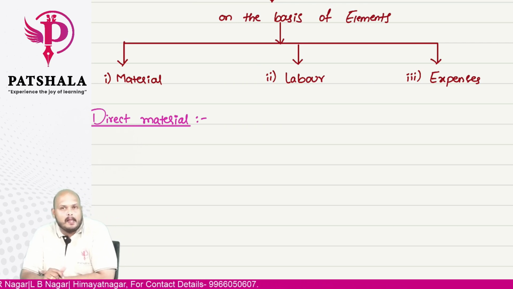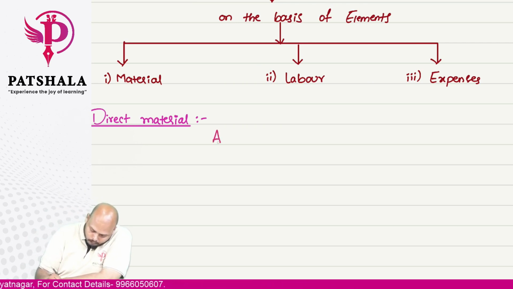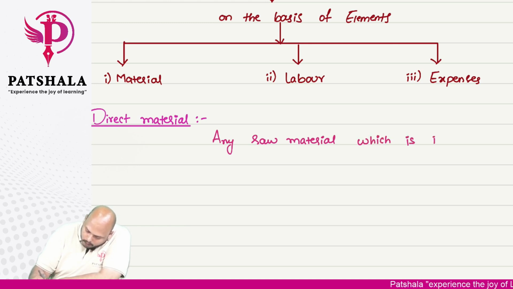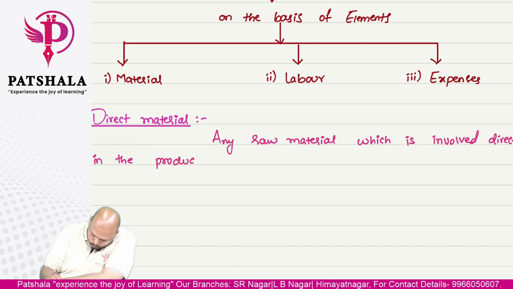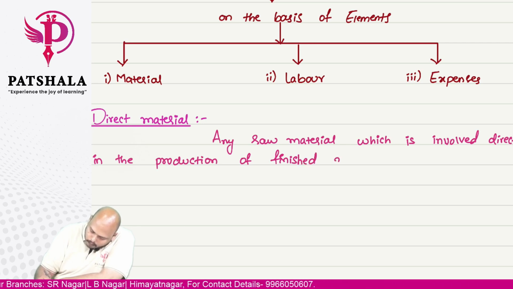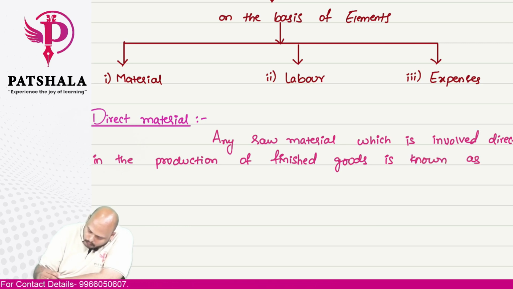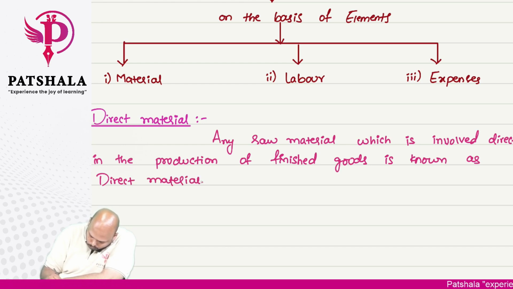So what do you mean by direct material? Any raw material which is involved directly in the production of finished goods is known as direct material.